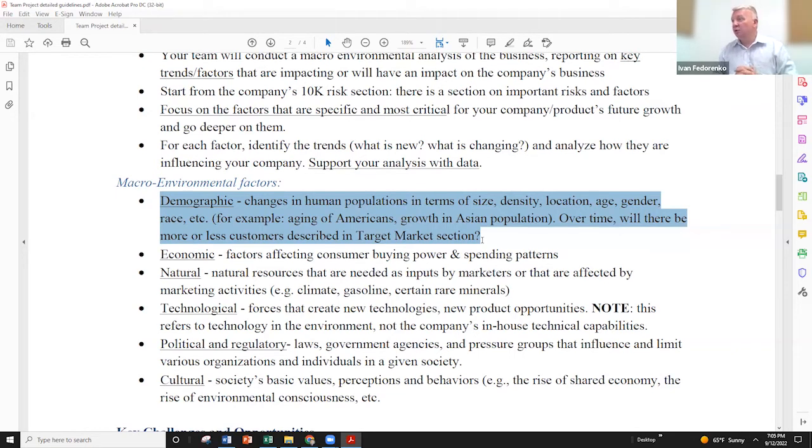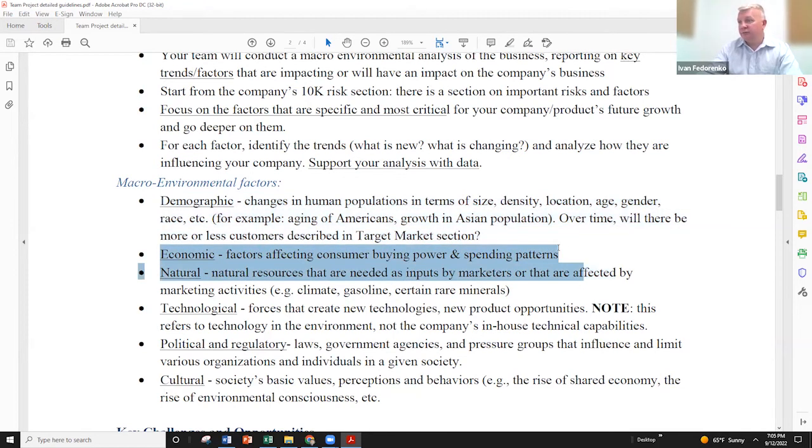But if we're talking about healthcare providers or pharma, there are going to be more and more elderly people. They live longer and they need a lot of healthcare and pharma. So these companies are doing just fine. Got to look into demographic trends and analyze what it means for this specific company.